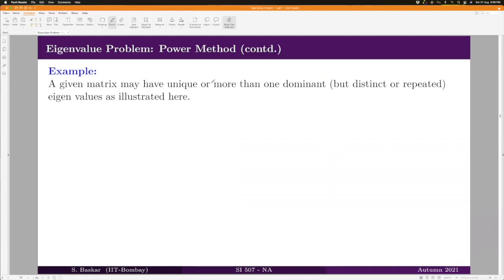There are situations in which a matrix may have a unique dominant eigenvalue, and sometimes the matrix may have distinct eigenvalues, but the dominant eigenvalue may not be unique. To illustrate this, we will consider the following examples.